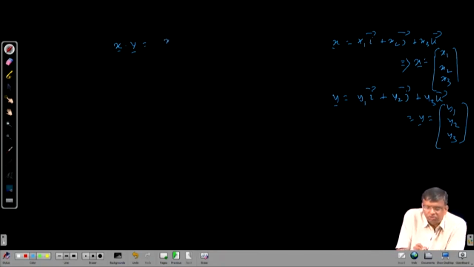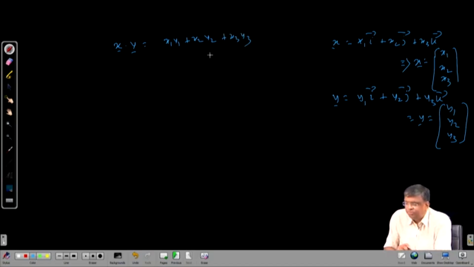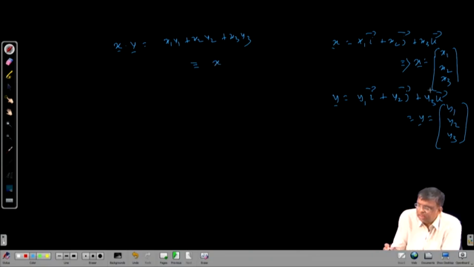So, it will be x1 y1 plus x2 y2 plus x3 y3, which is equivalent to x transpose y, where x becomes a row vector. So, x1 y1 plus x2 y2 plus x3 y3, or even equivalent to y transpose x.